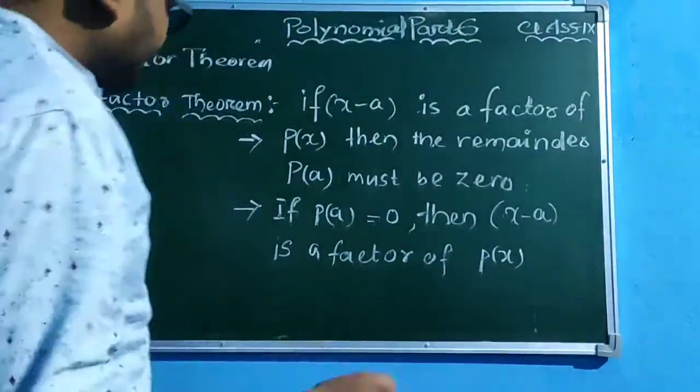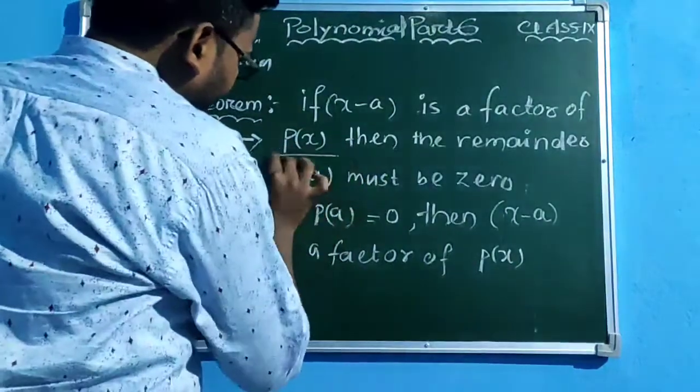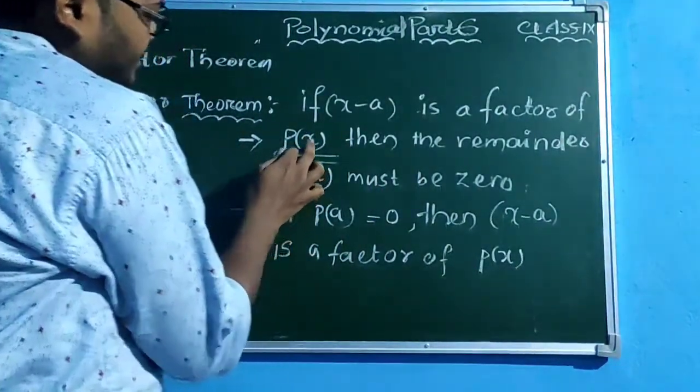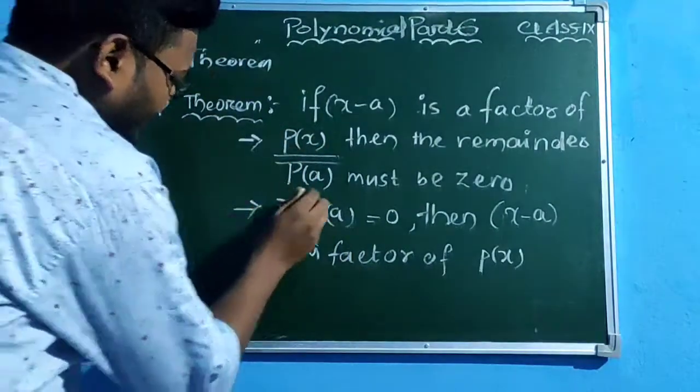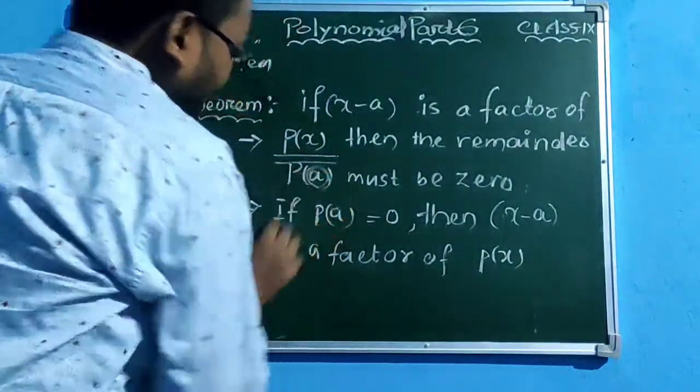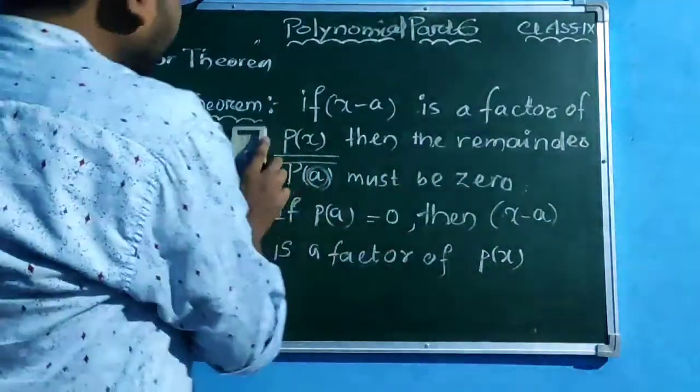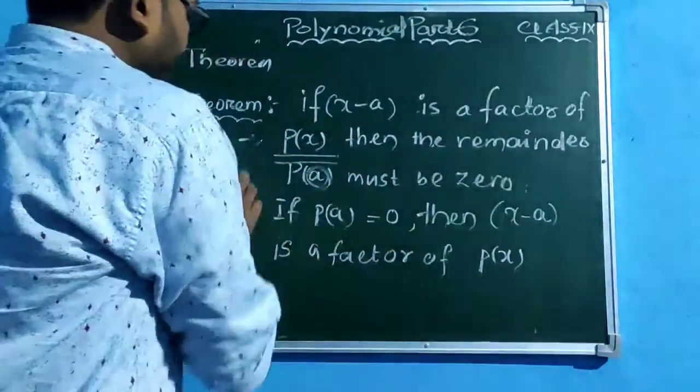But note here the degree of this polynomial must be greater than or equal to 1 and a must be a real number. Now let's take some theoretical example to elaborate this theorem.